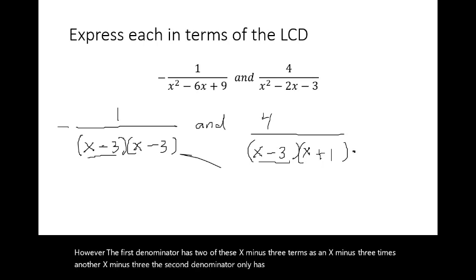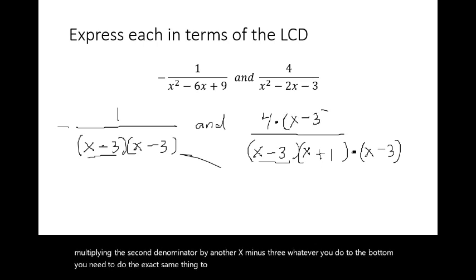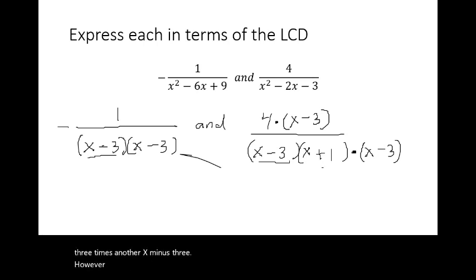So I'm going to fix that by multiplying the second denominator by another x minus 3. Whatever you do to the bottom, you need to do the exact same thing to the top. So now both denominators have an x minus 3 times another x minus 3. However, this second denominator has an x plus 1 and the first denominator does not.